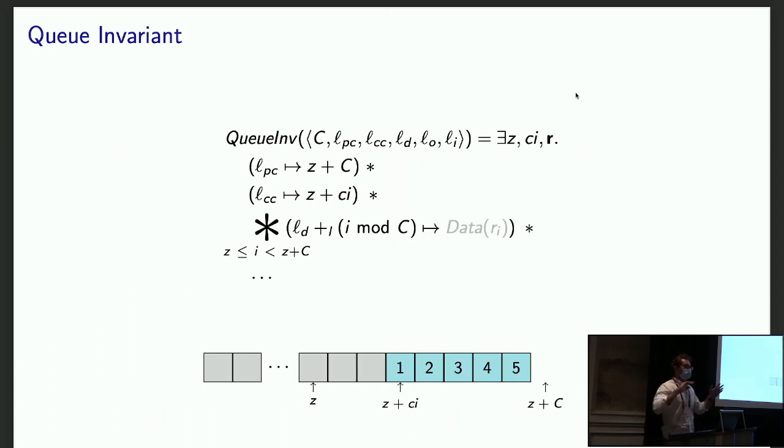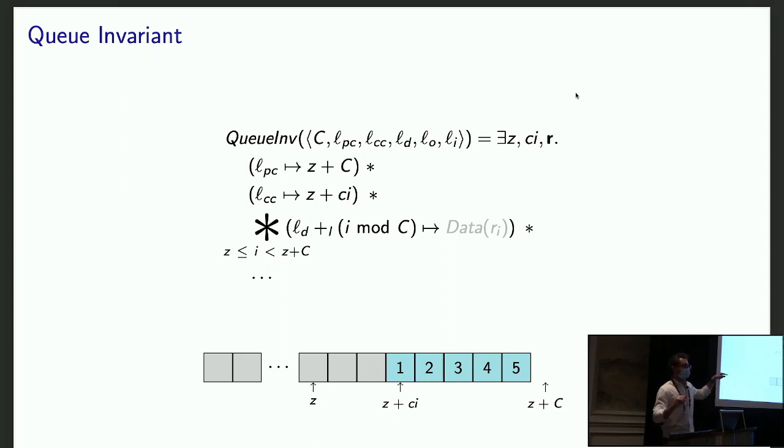This is a slice of what the invariant looks like. There's more, but this is the basic idea of what it means to specify the physical layout. So we have this pointer to the Q base, which we call Z. And we know that the producer counter will always be pointing to Z plus the capacity of the Q. So it's all the way at the end.